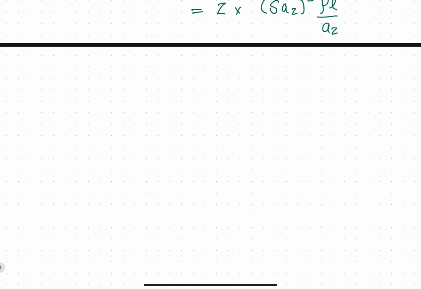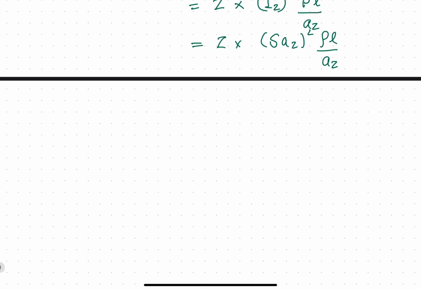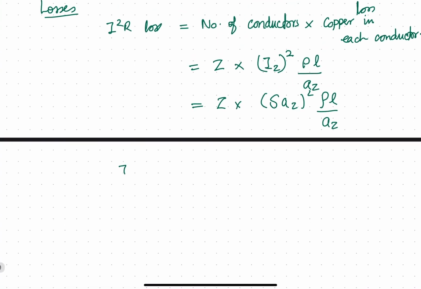So what does this actually translate to? The I square R loss is delta square rho Z Az into L, right?